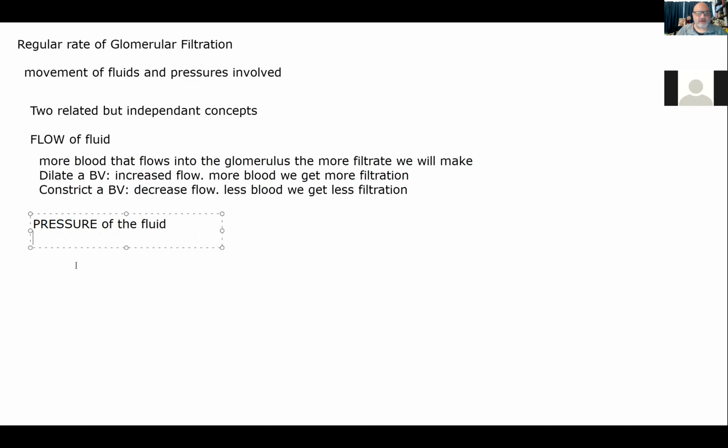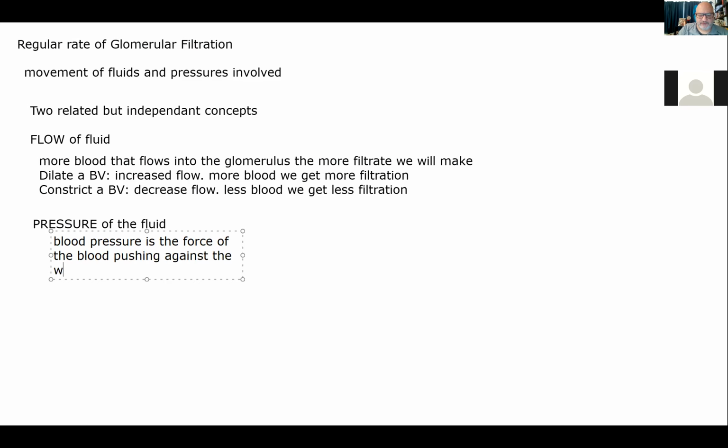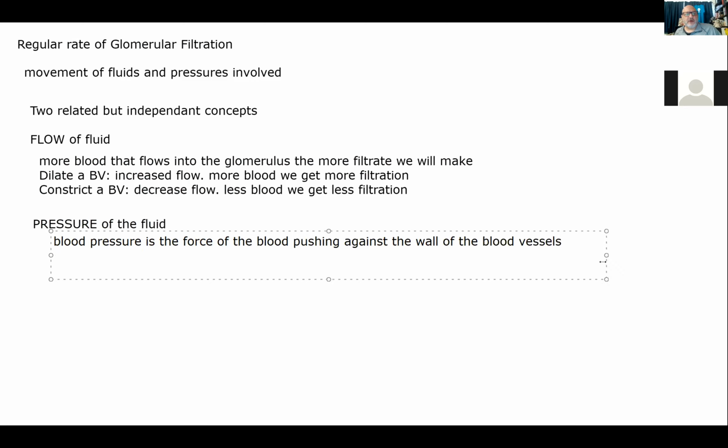Because as we've talked about, blood pressure is the force of the blood pushing against the walls of the blood vessel. All right, that makes sense as well, hopefully.